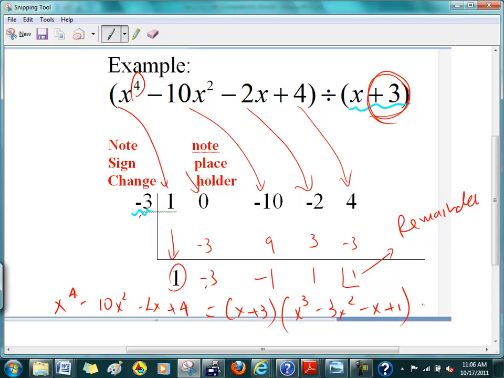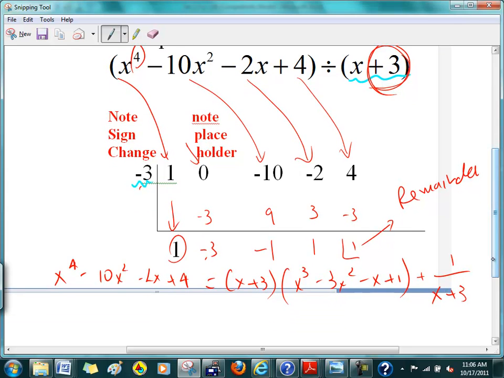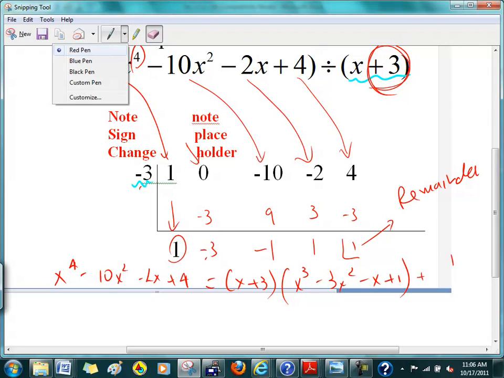And then your remainder is going to be plus 1 over x plus 3. Actually, that's not true. Your remainder is just 1. Remember, there are two forms of writing the division algorithm: one where the divisor is put on the right-hand side and one where the divisor is put on the left-hand side. You better know both of them.